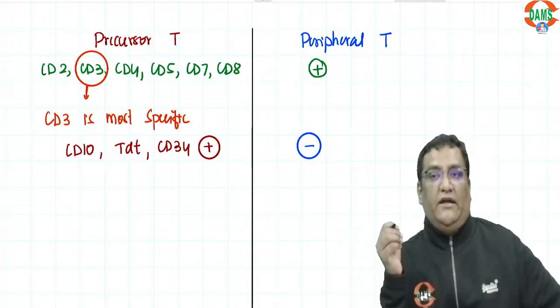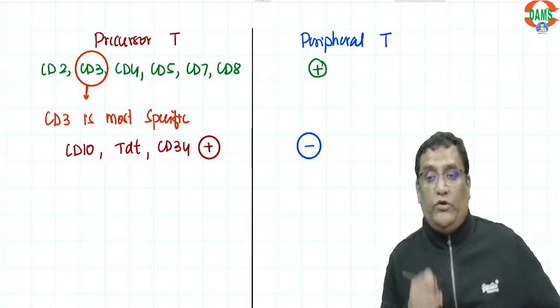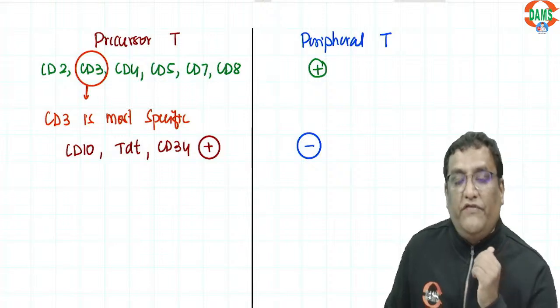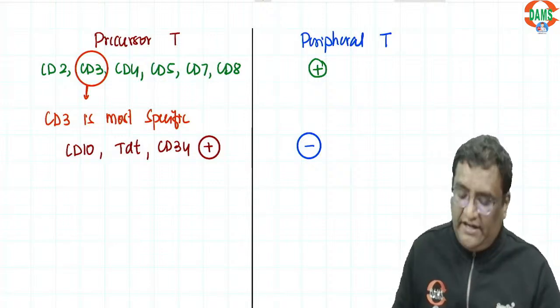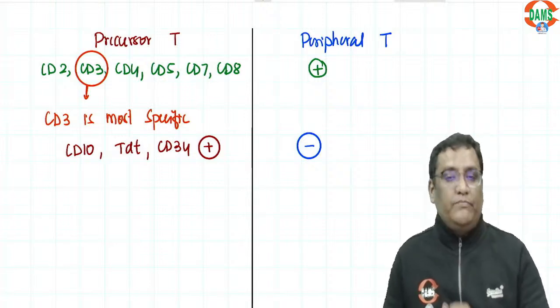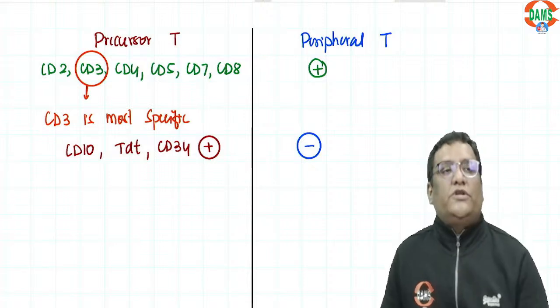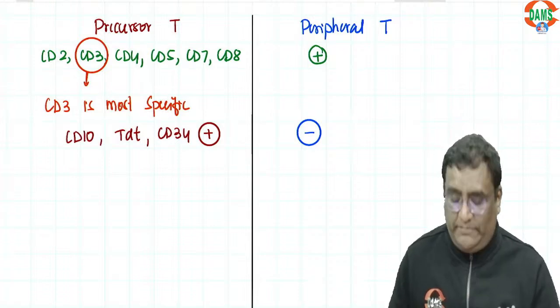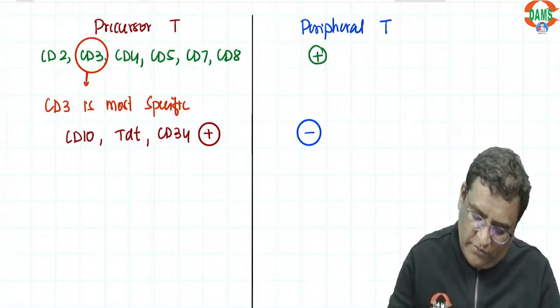So if I tell you a cell is CD3 positive and CD10 positive, tell me now in the chat box, please use your chat and tell me, if the cell is positive for CD3 and CD10, what is your inference of this cell? Before I write the next marker, please tell me what you infer from this.